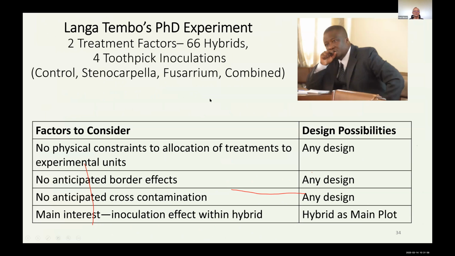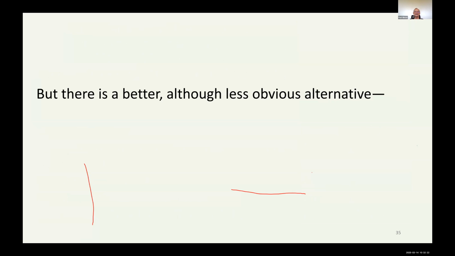So here I have an example of Langa Timbo's PhD research, 66 hybrids, 4 toothpick inoculations on ear rot, and there were no particular constraints. With the main interest as the inoculation effect on hybrid, it was decided to be the main plot.